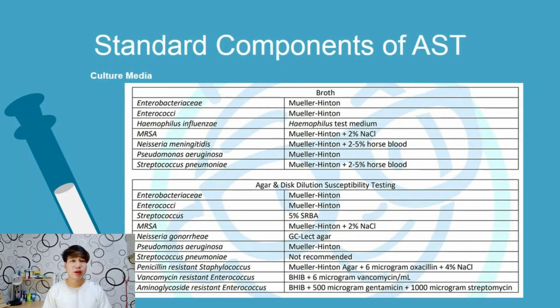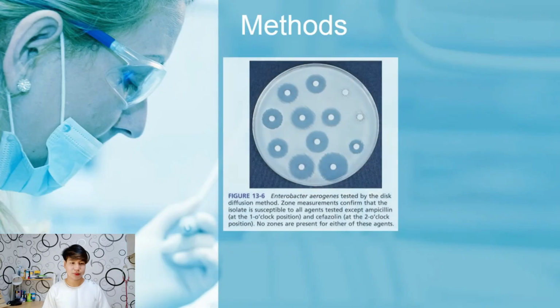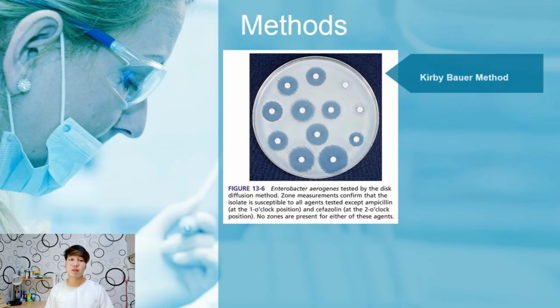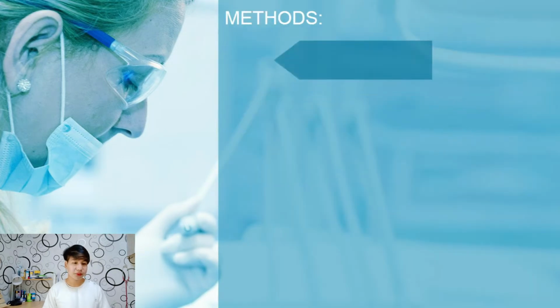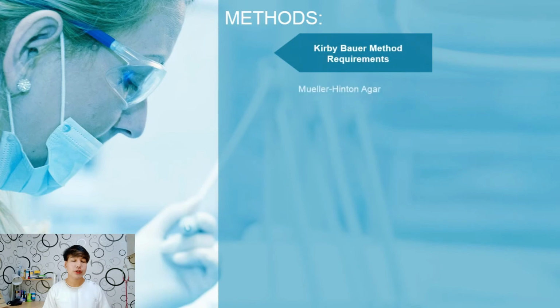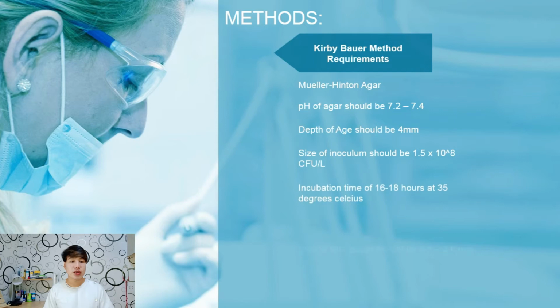So why Kirby-Bauer method? Because it is simple, reliable, and most widely used in the laboratories. So ano nga ba yung mga requirements when using Kirby-Bauer method? So first po, MHA or Mueller-Hinton agar that has a pH of 7.2 to 7.4.